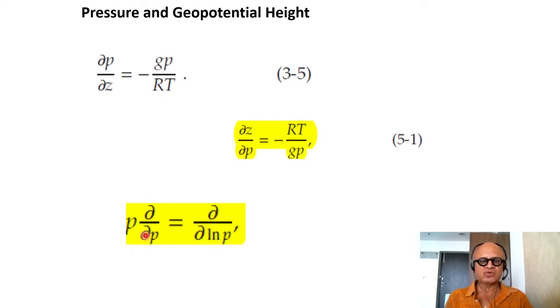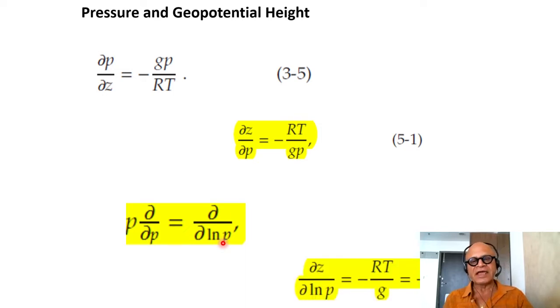I think you know how to do this math. Whenever you have 1 over p and dp, you end up with ln p.